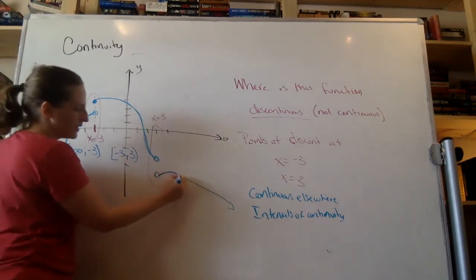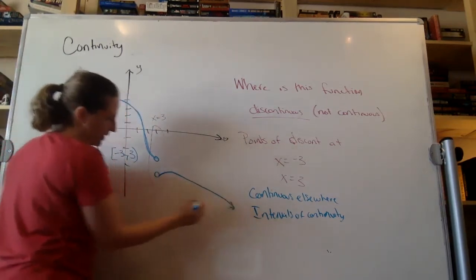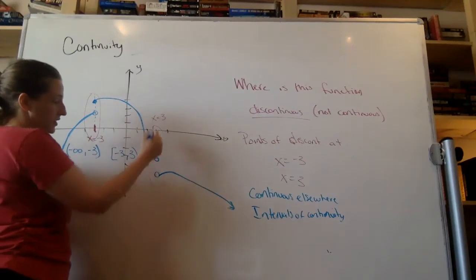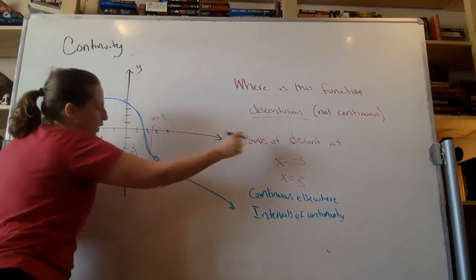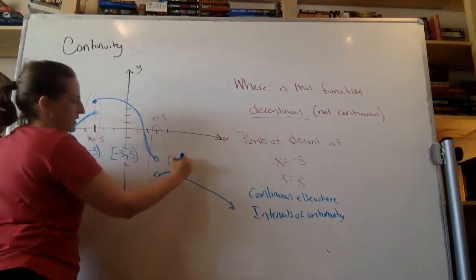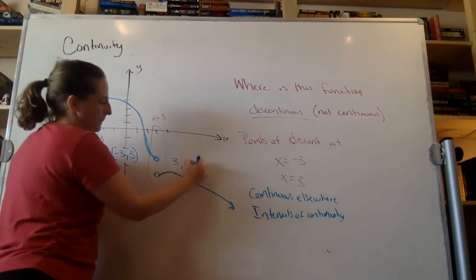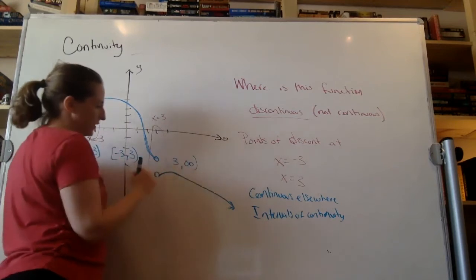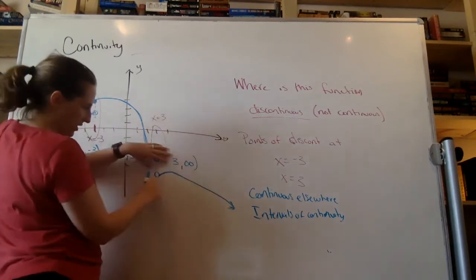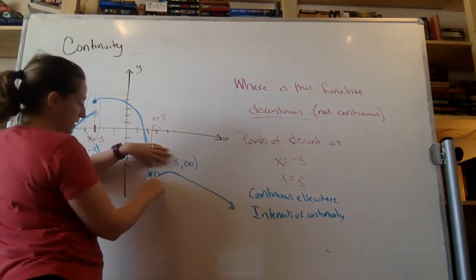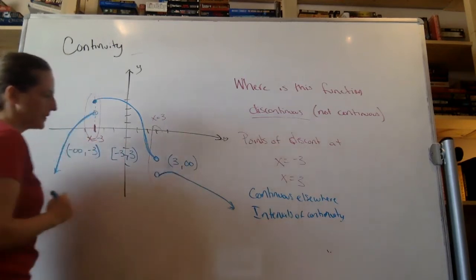Last, we need to write the interval for this third piece of our function. This third piece starts at 3 and goes to infinity. We never include infinity, and here, remember, we're just looking at this piece of my function. This open circle means we're going to have a parenthesis there.